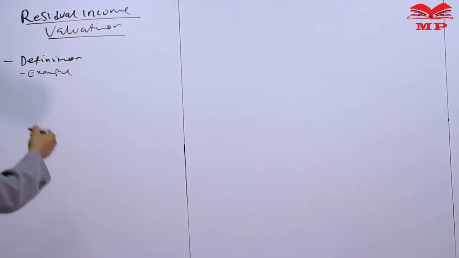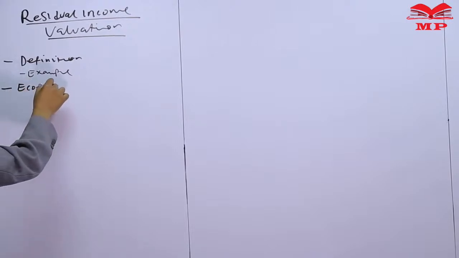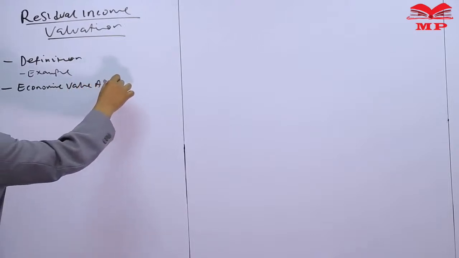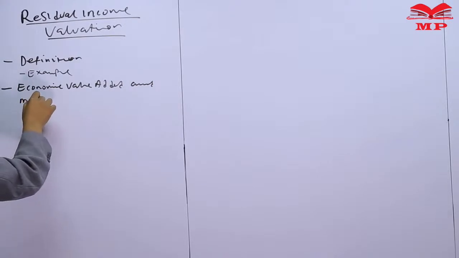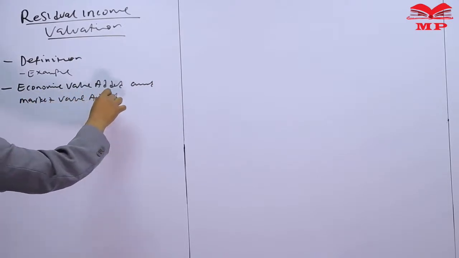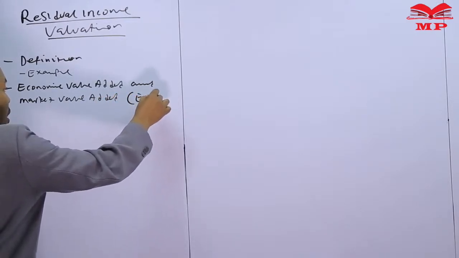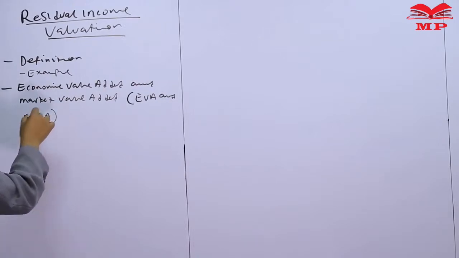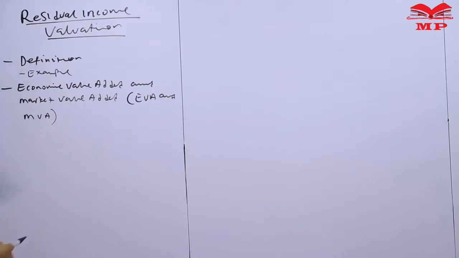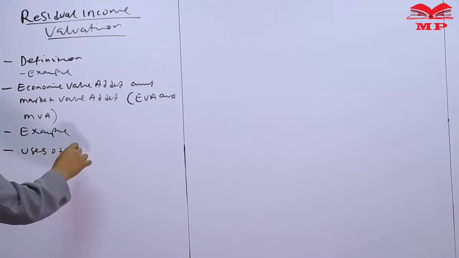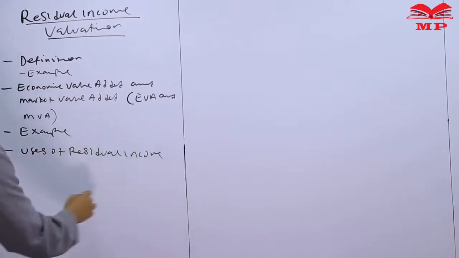Then we will move ahead and look at the concept of economic value added and market value added. There we will write the formulas for the two components, EVA and MVA, economic value added and market value added. Then we will look at an example that computes the economic value added and the market value added. Then we'll look at the uses of residual income valuation.